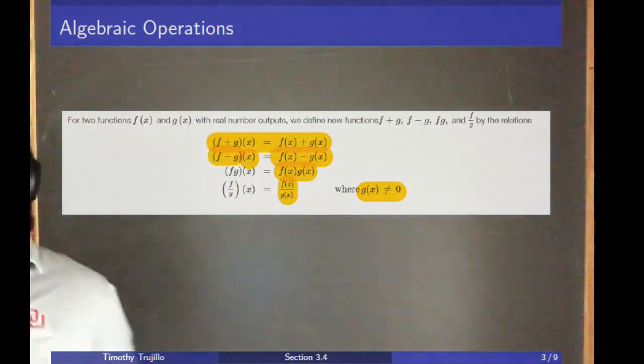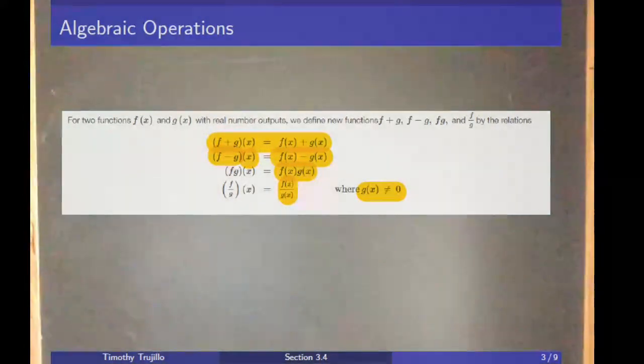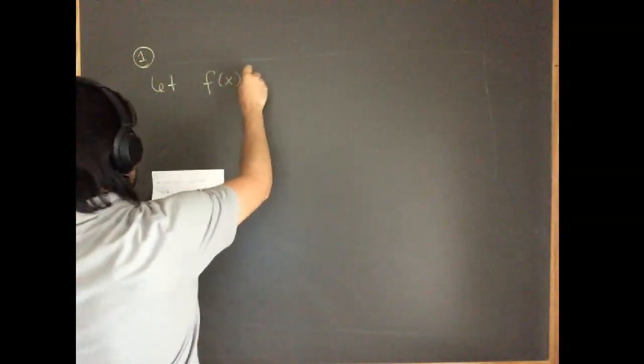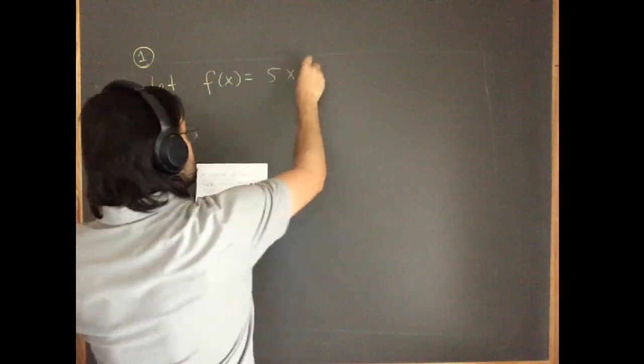Okay, so these are the formulas. Let's actually go through and do some examples so you can see how to use the formulas. Maybe that was a bit abstract, and in Infinity they're not going to ask you to draw anything like that, but they will ask you something like this. They'll say, let f of x be the function 5x plus 7.